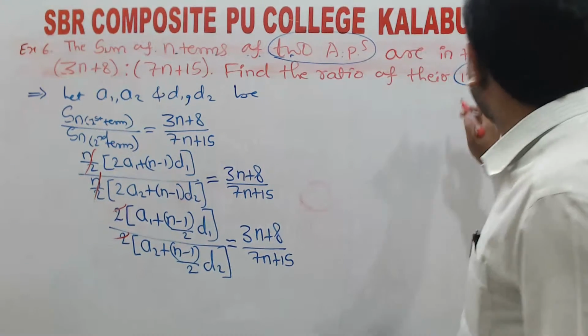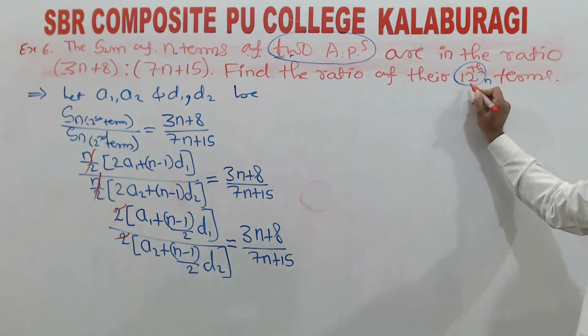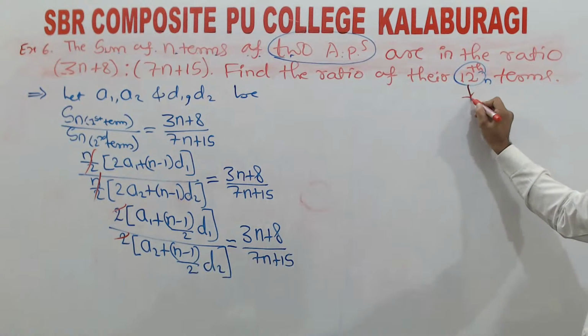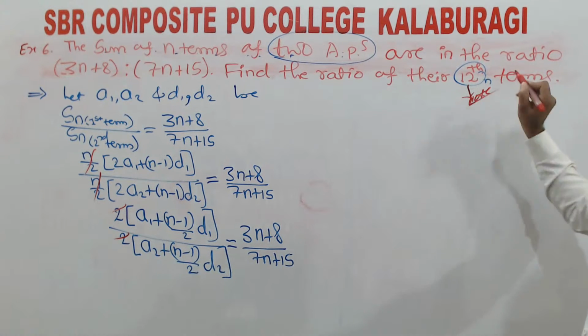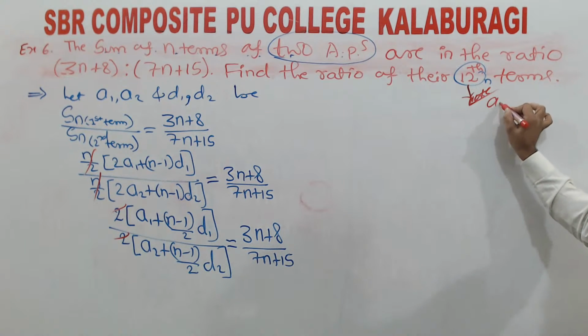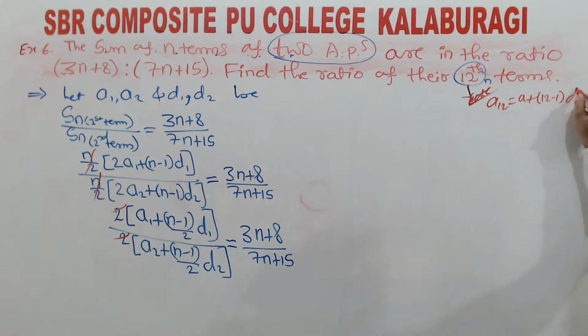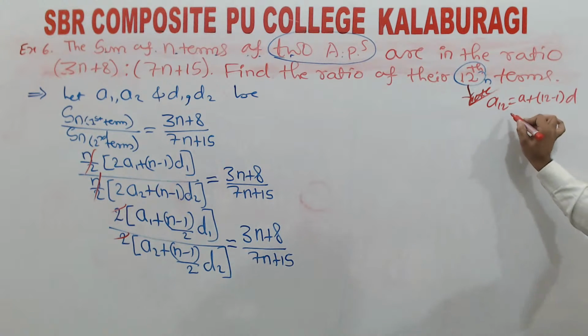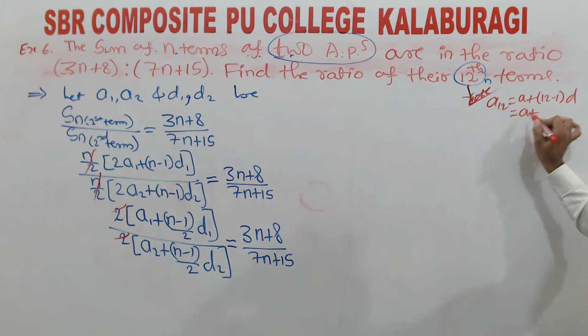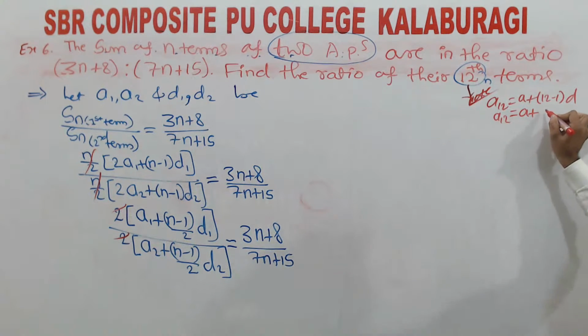Here, what they are asking is the 12th term. I will write the 12th term in note form. The 12th term is equal to a plus 12 minus 1 into d, which means a plus 11 into d.